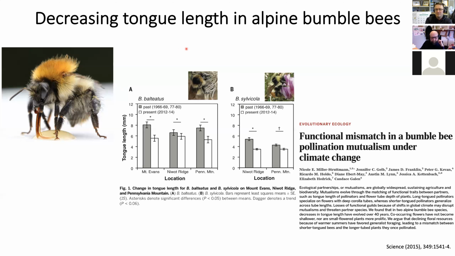And in the study that I'm presenting here, one important finding was that over the last 40 or 50 years, a reduction in the tongue lengths of two different species has been recorded, which is inferred to disrupt some mutualisms that occur between bees and the plants that they pollinate. So this is inferred to be something that could be quite damaging for biodiversity.